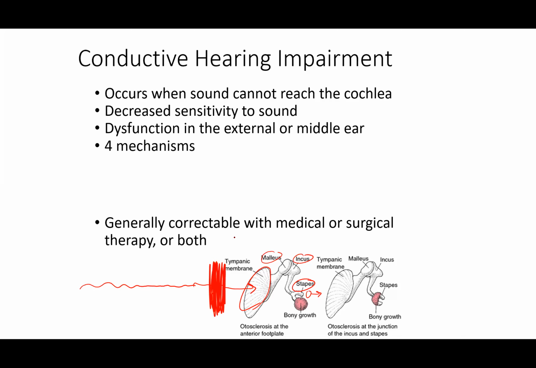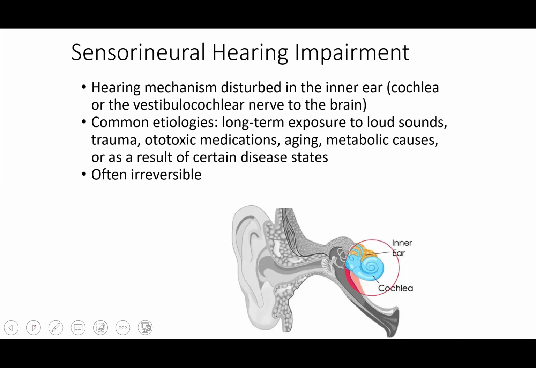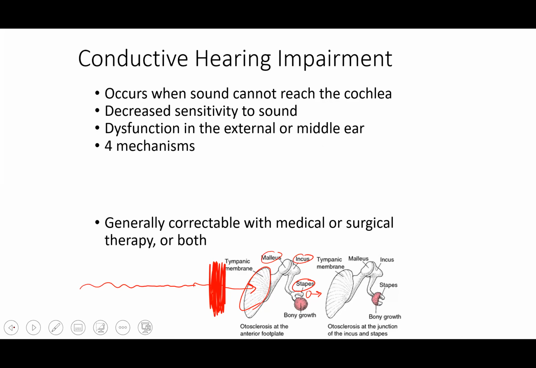You need to go somewhere else to get that removed. So a foreign body can cause it. You can also have abnormal bony growth, some sort of ossification or sclerosis, which would decrease the way the ear ossicles would vibrate.